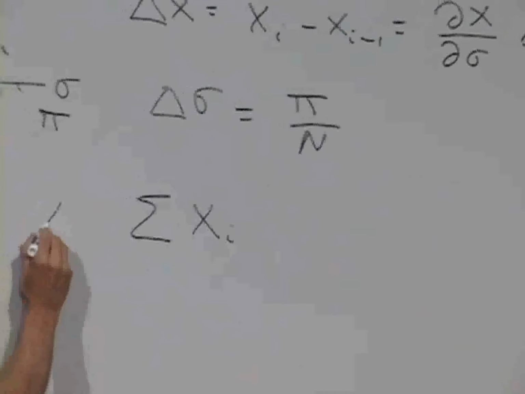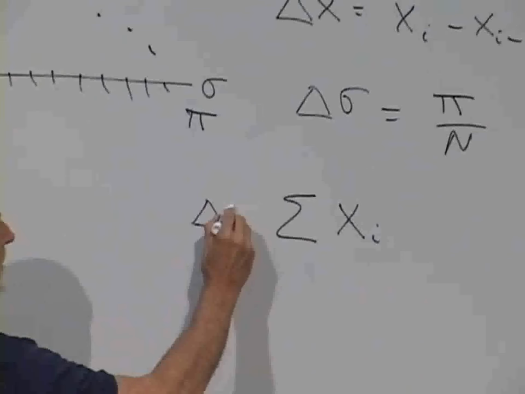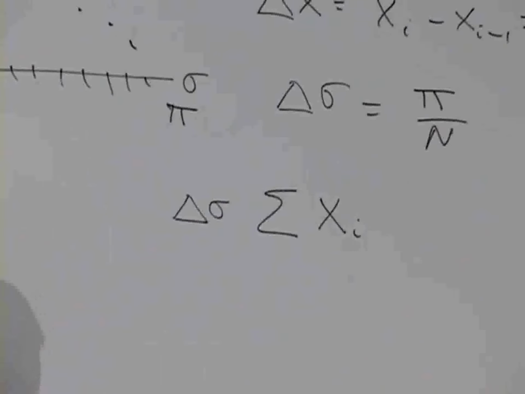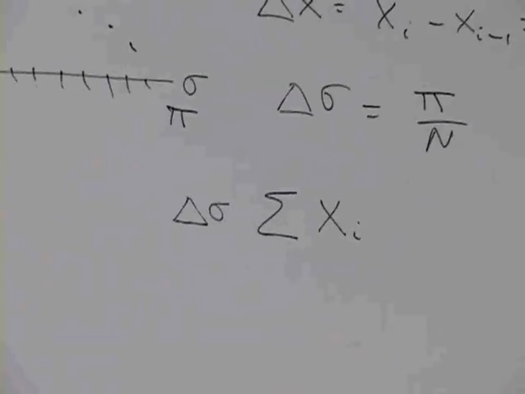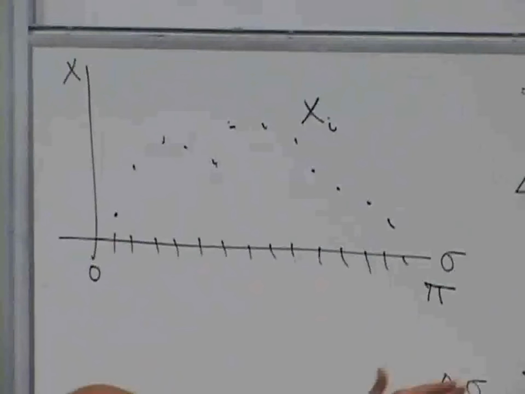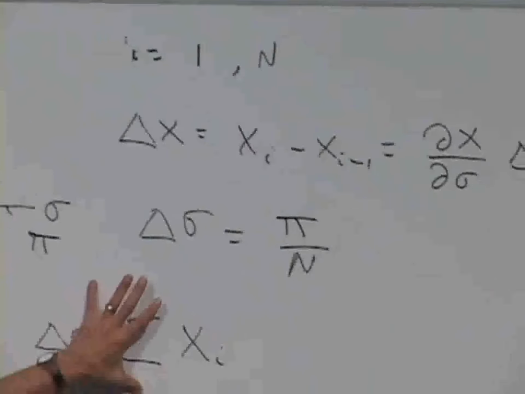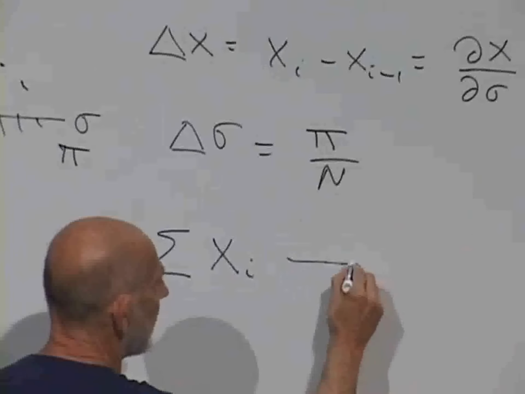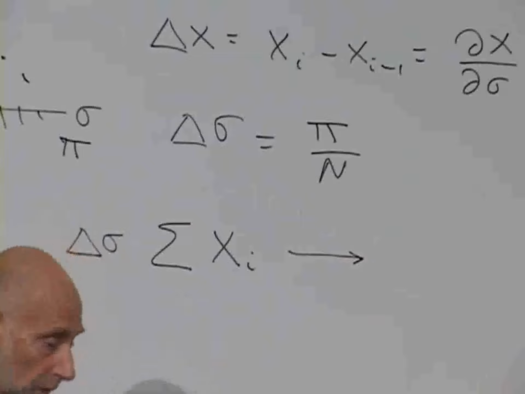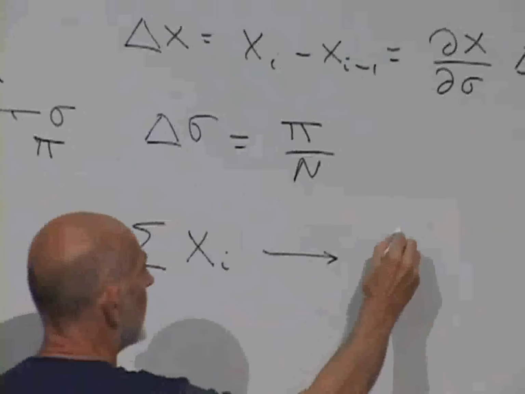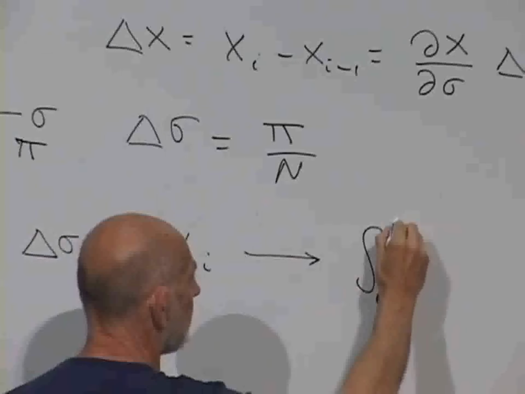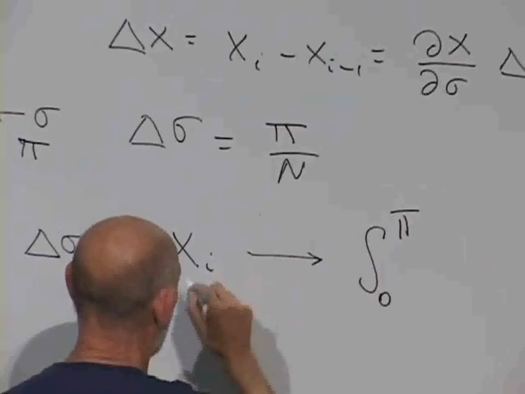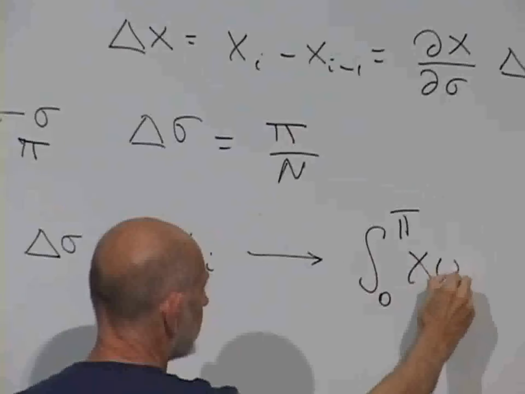Well, if you multiply it by delta sigma, which is pi over n, and multiply that by the sum of the x's, this becomes, in the limit, the integral, in this case from 0 to pi, of x of sigma.